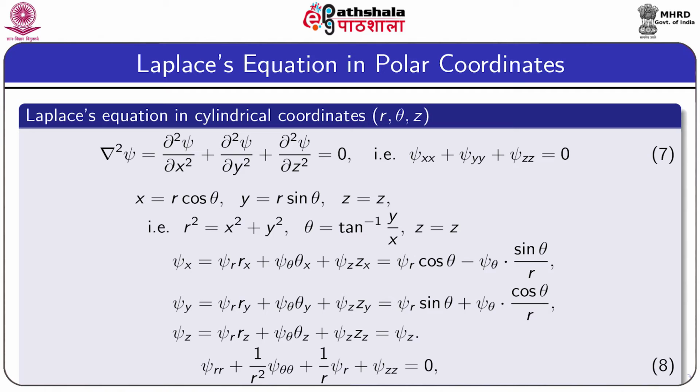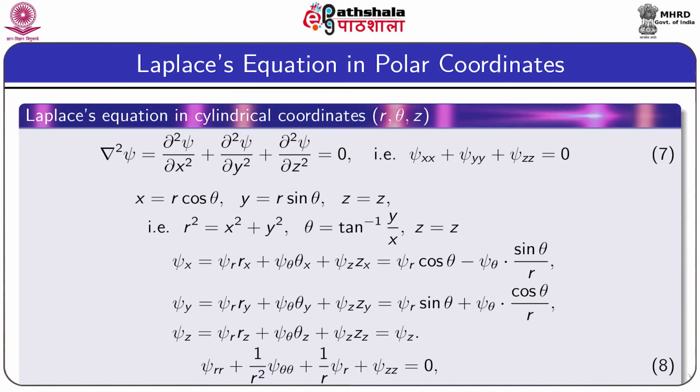Now, this is the derivation of Laplace equation in cylindrical coordinates. In cylindrical coordinates, there are 3 independent variables r, theta and z, and in a similar way we can derive the expression for Laplace equation in terms of these independent variables.